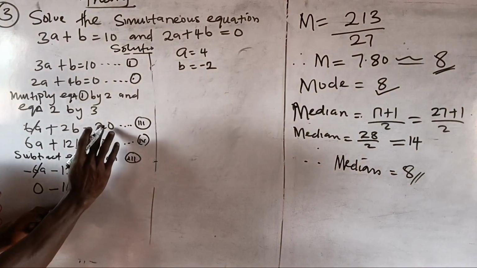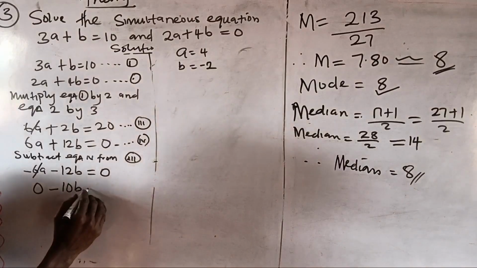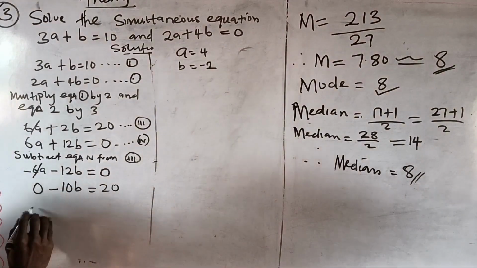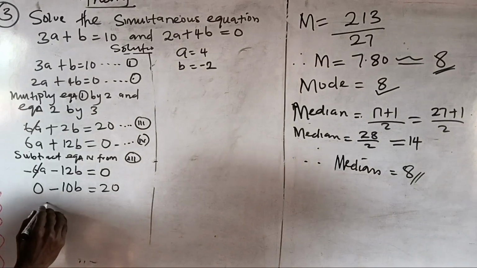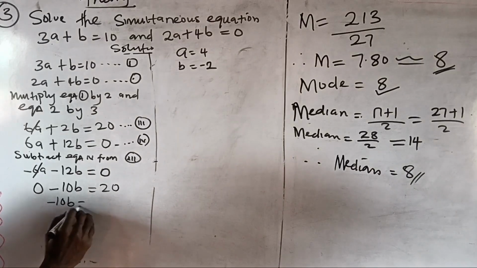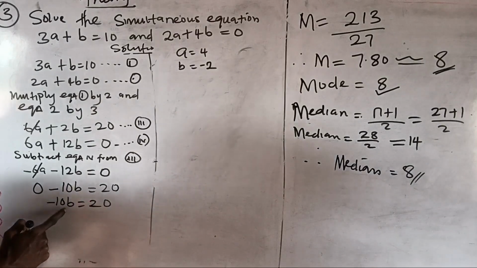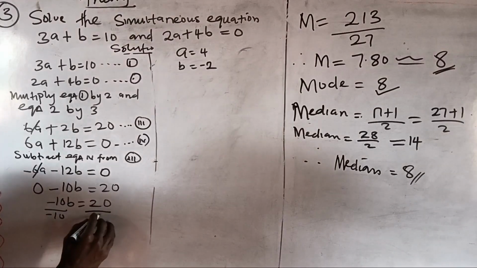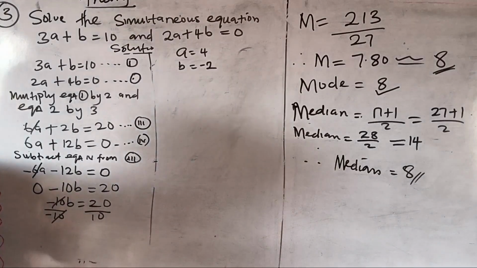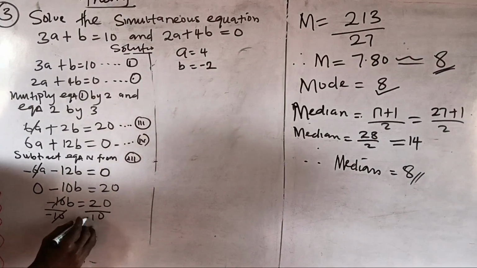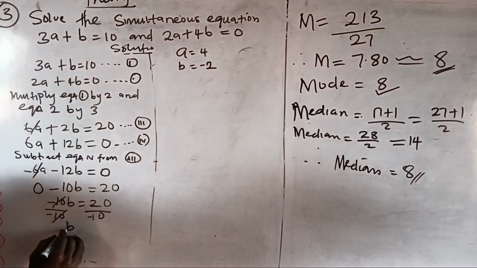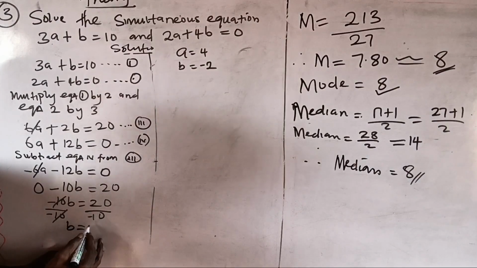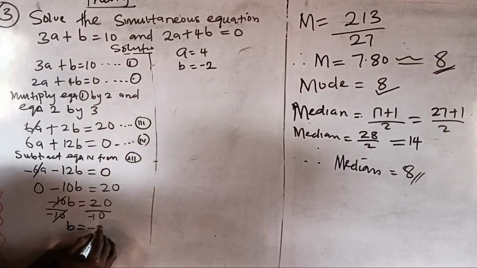So 0 minus 20 will give me minus 20. So what do I have here? Minus 10b equals 20. So for this b to stay alone, I'm going to divide all through by minus 10. So minus 10 cancels minus 10, right? So we are left with b equals 20 divided by minus 10, which will give me minus 2.